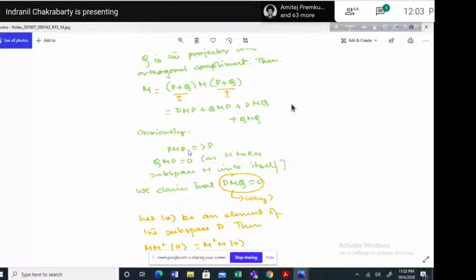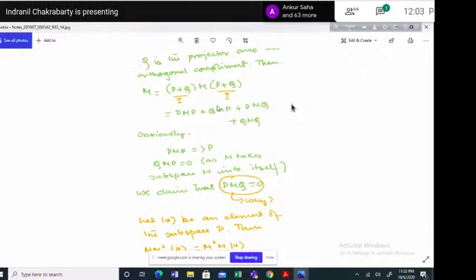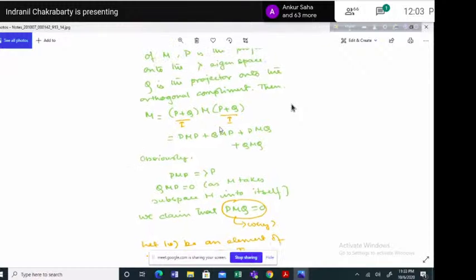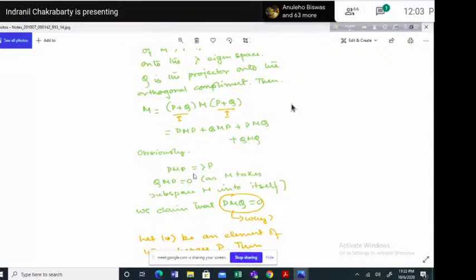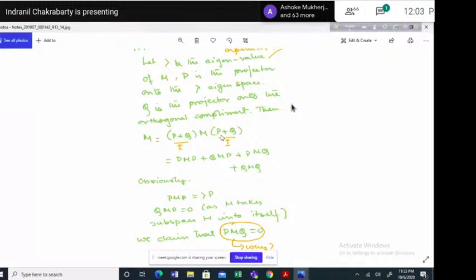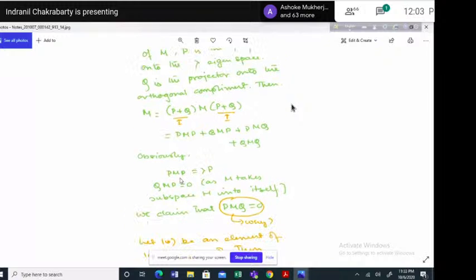PMP is equal to lambda P, because P is the projector onto the eigenspace. Whenever M is applied on P, it gives you lambda P. Since P is idempotent, P squared is equal to P, so you can always write lambda P squared as lambda P. So PMP will be lambda P.